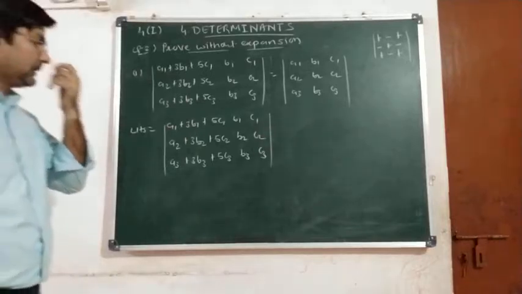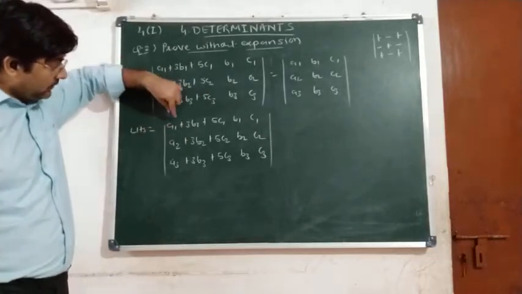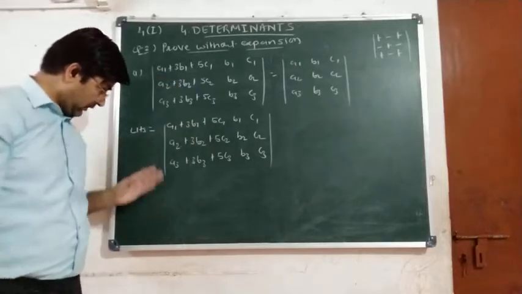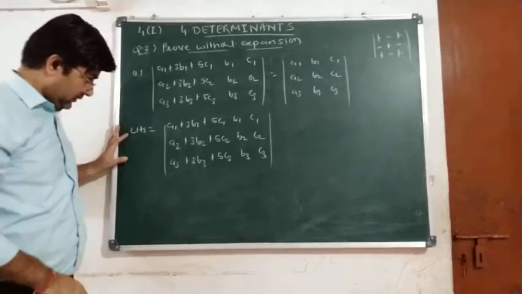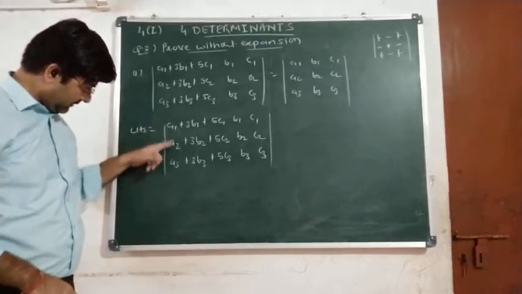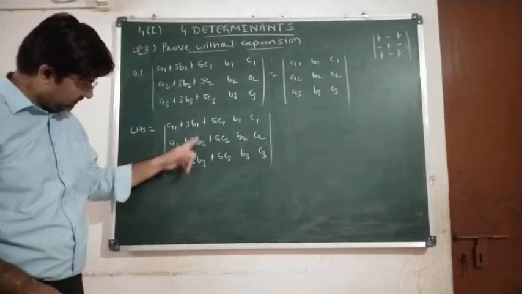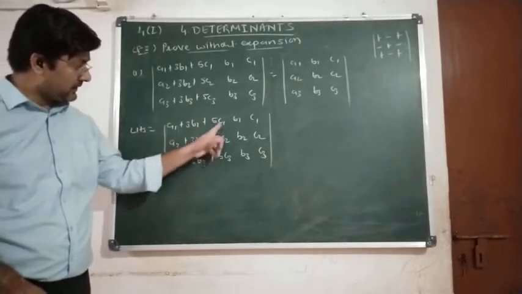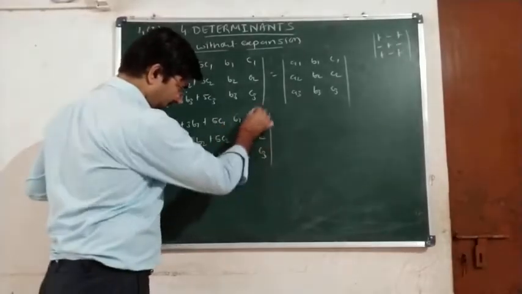Now carefully observe that the first column contains 3 terms: the first term of each entry is a1 a2 a3, the second column contains b1 b2 b3, and the third is c1 c2 c3.